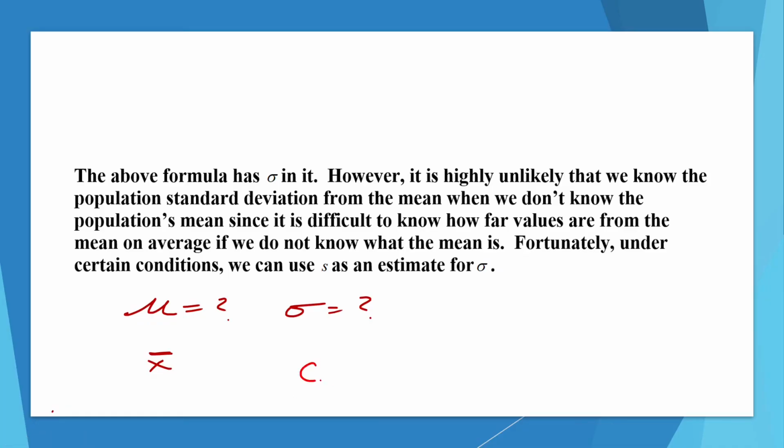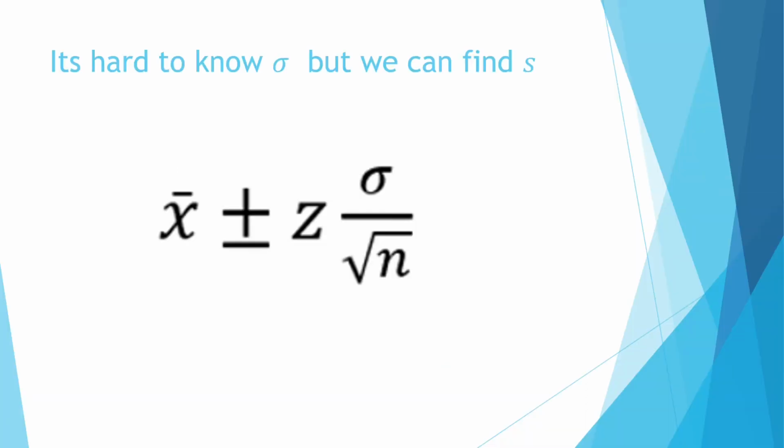Since I don't know the standard deviation of the population, I'm going to replace that with the standard deviation of the sample. It is hard to know the standard deviation of the population, but we can find the standard deviation of the sample pretty easily.